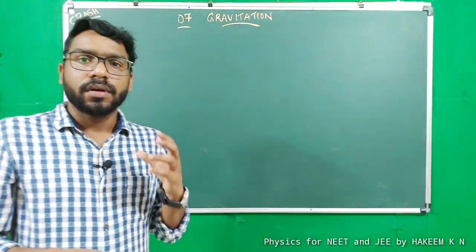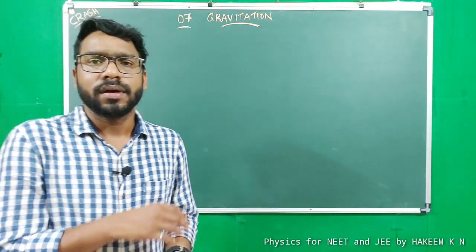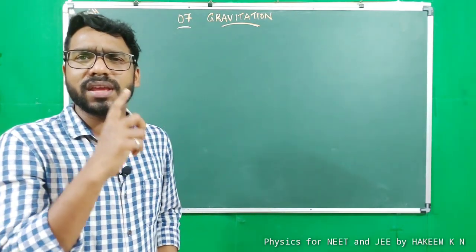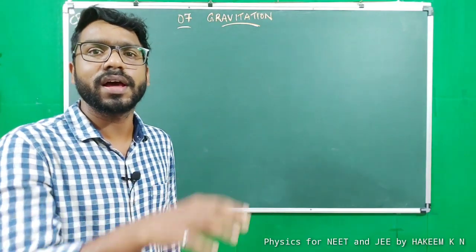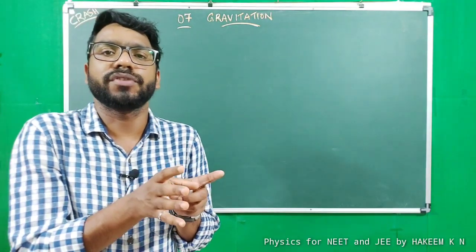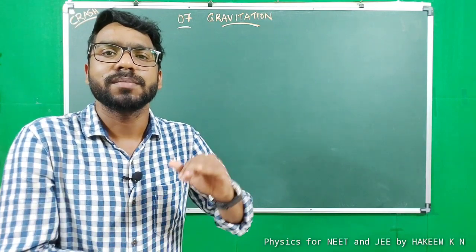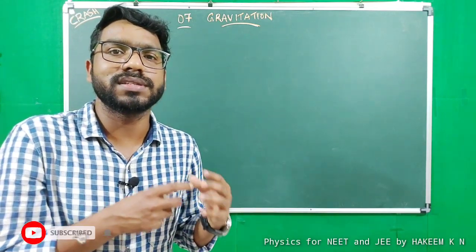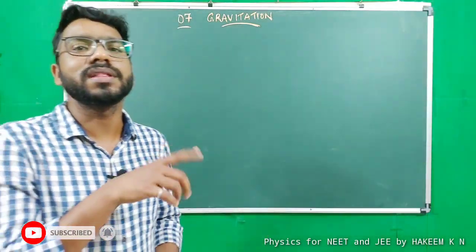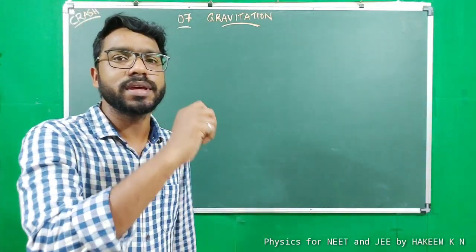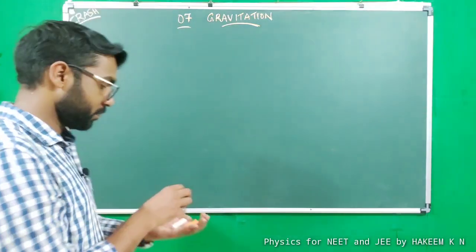When the speed of a body increases to a particular value, what happens to its weight? The weight becomes zero and the body just flies off from Earth's surface. What will be that speed and what will be that time period?